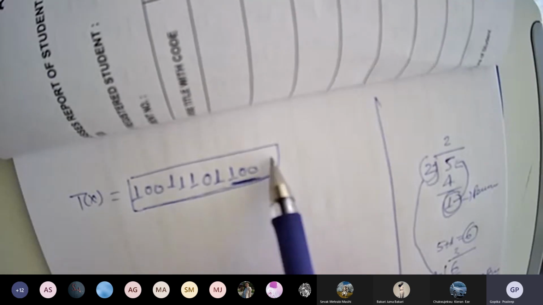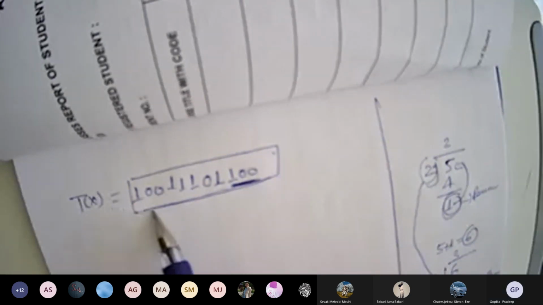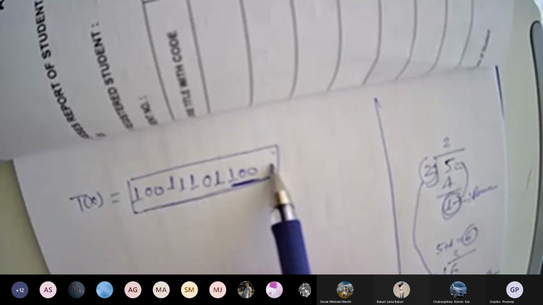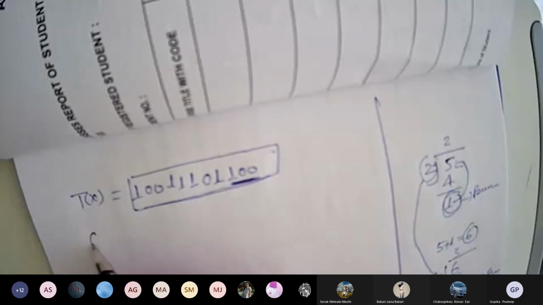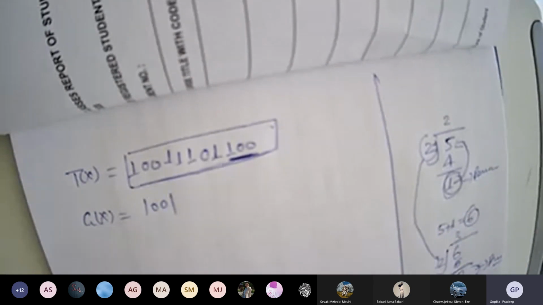It means if you are dividing this by your GX, 1001, should there be any remainder? No, sir. There should not be a remainder. Remainder should be 0, isn't it? Yes, sir.